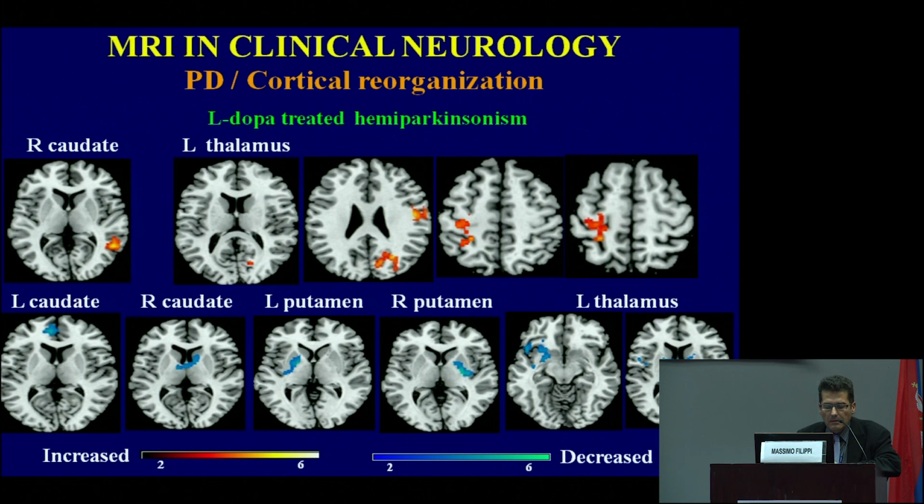So this is a good sign showing that treatment is able to re-normalize the network connectivity which was damaged by the disease, already in the very early phase of the disease. So this is, I think, a good experiment to show the power of fMRI to assess drug efficacy in an objective way.